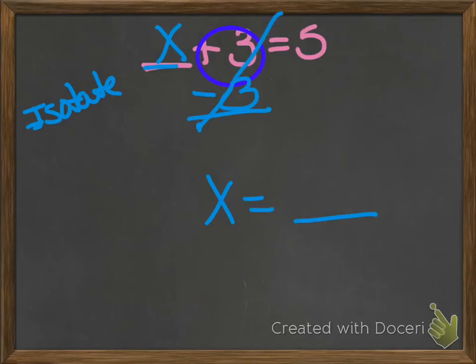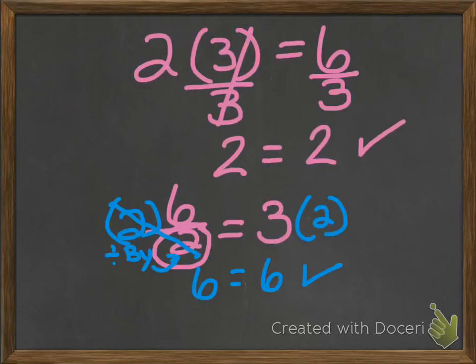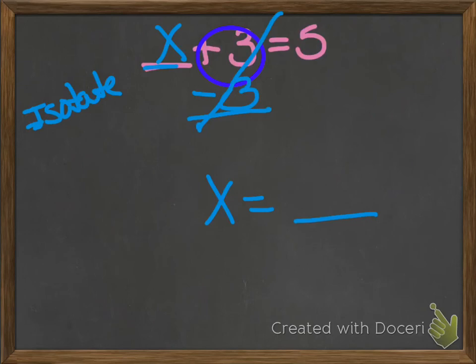Remember what we talked about earlier: when you're undoing an operation, you have to keep it balanced. So if I'm subtracting 3 from one side, I've got to keep it balanced and do the same thing on the other side, because we're talking about an equation.